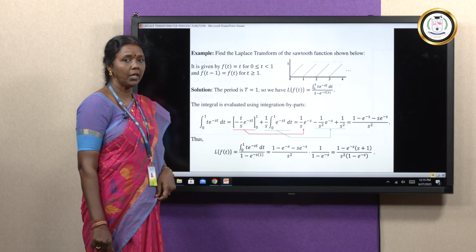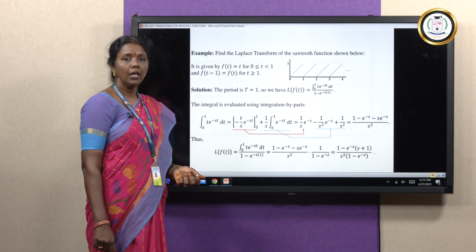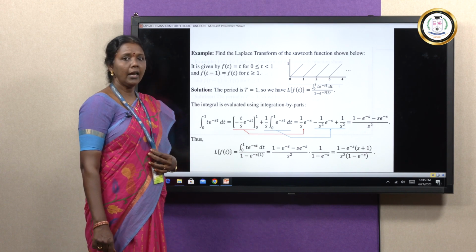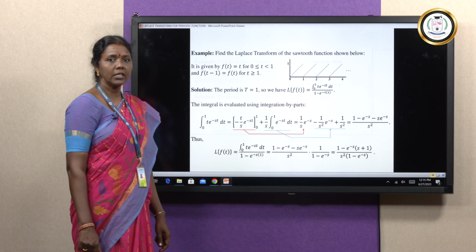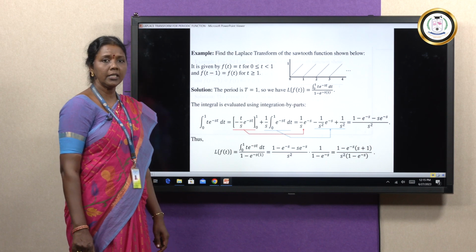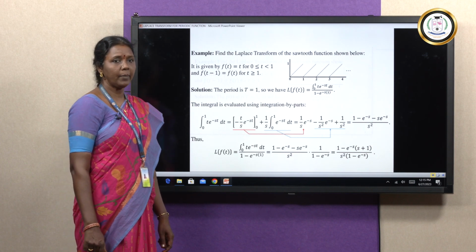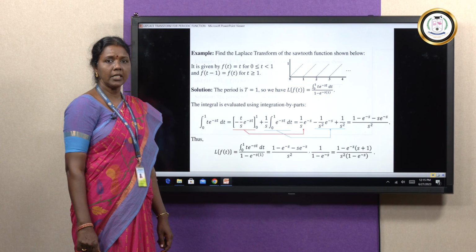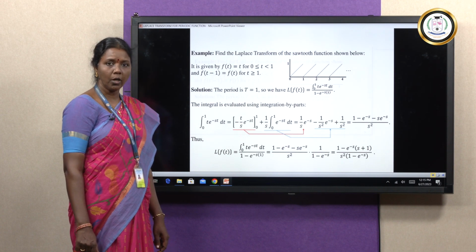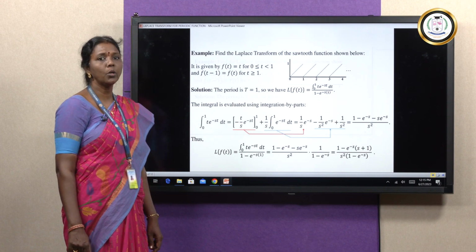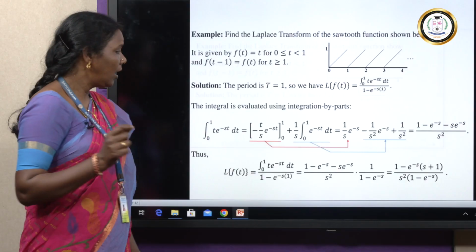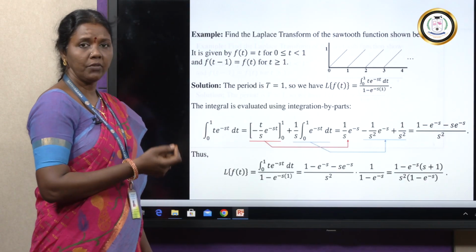So, we differentiate u and integrate v. How do we choose u and v? We use ILATE. I represents inverse, L logarithmic, A algebraic, T trigonometric, E exponential. In that order only we choose which is u and which is dv.